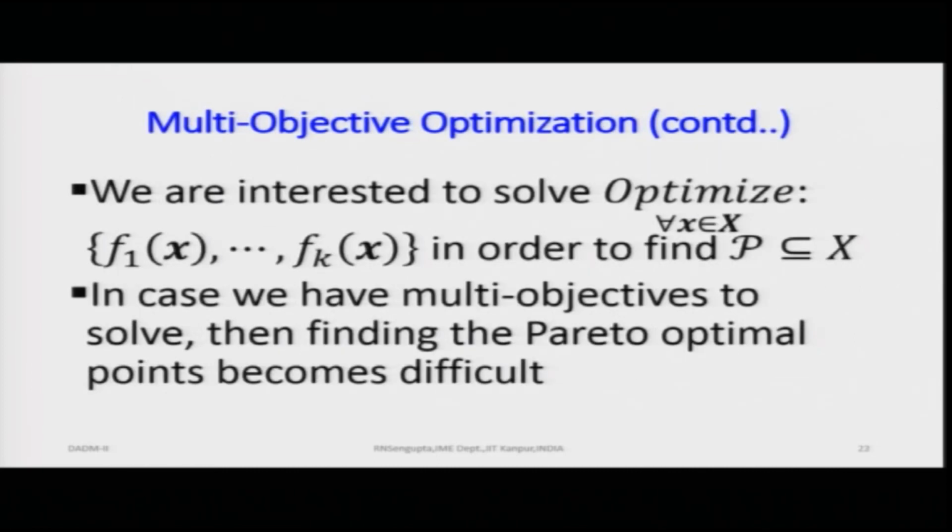So we are interested in solving the optimization problem to find some values of x, such that we have a multi-criteria, multi-objective problem, where I want to maximize or minimize some of the objective functions based on an outcome x. Some x's are given which are elements of capital X, and I want to choose some of them such that I am able to optimize.